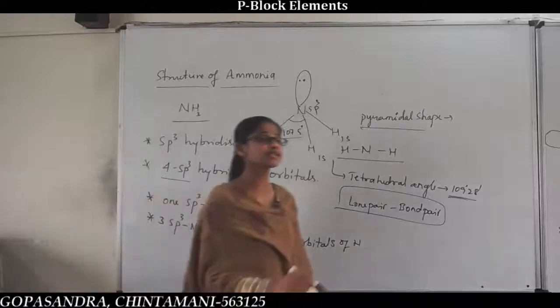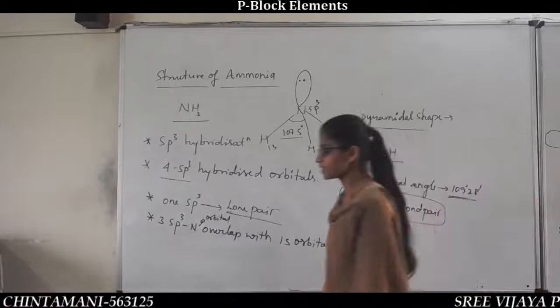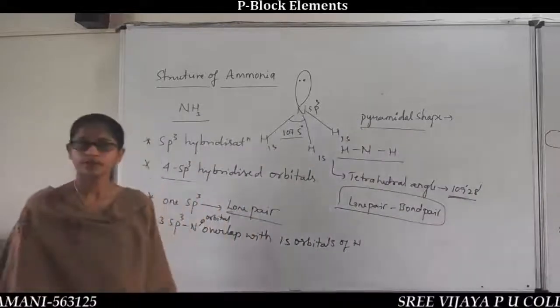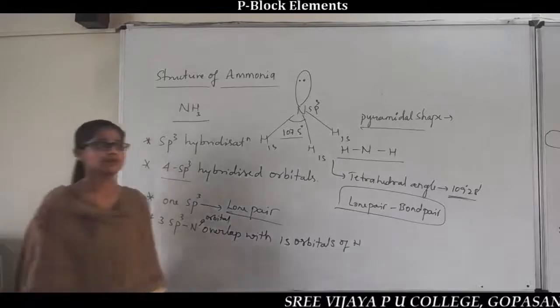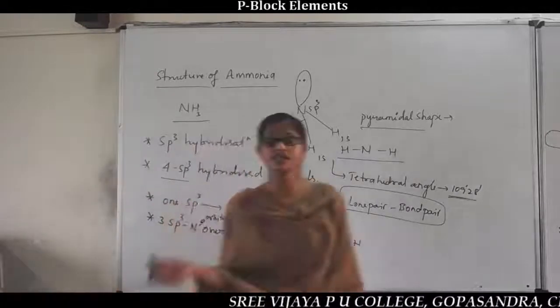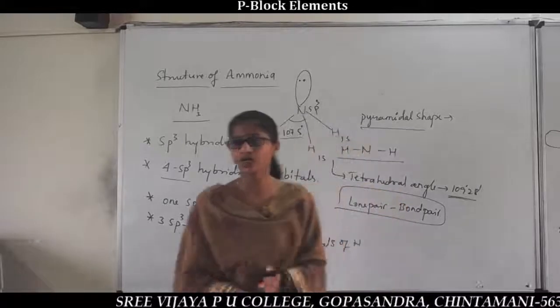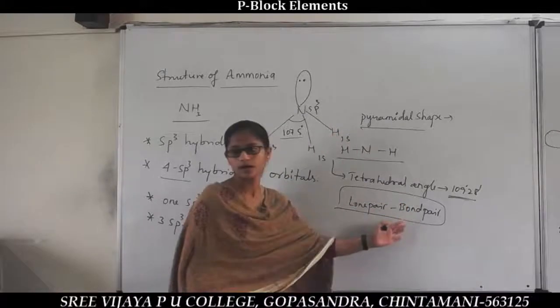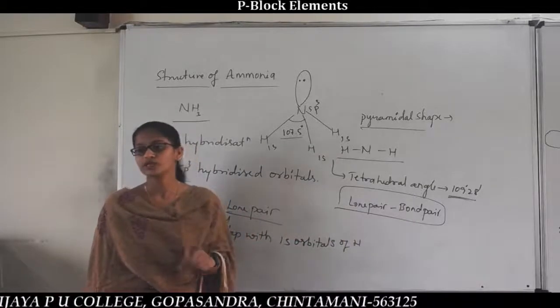Again, ammonia also forms hydrogen bonding. We already discussed in the last classes the capacity of ammonia to form hydrogen bonds when it is present in liquid state or solid state. Hydrogen bonding occurs because of the lone pair and bond pair repulsion. Hydrogen bonding is very important.